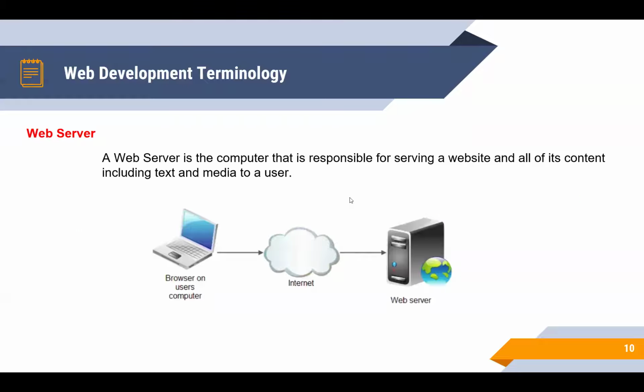After that, we have the web server. What is the meaning of web server? As I told you, when you want to publish a website, like with GoDaddy.com or Hostinger, whenever you talk to them and request to publish your website, they will provide you two things. One is the domain, which you can search and purchase based on your choice.